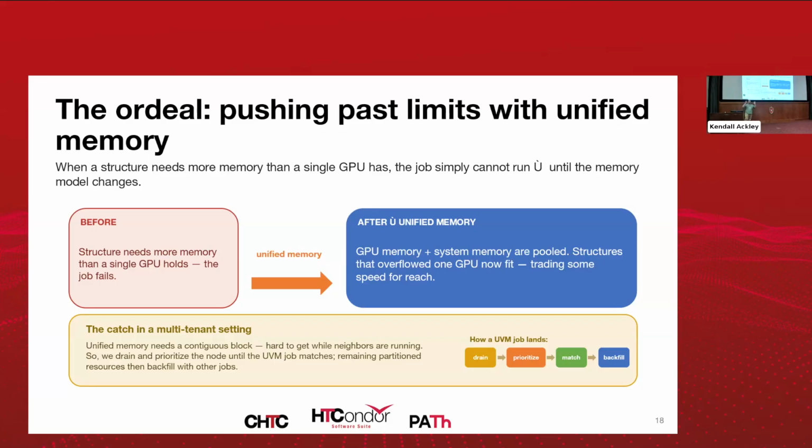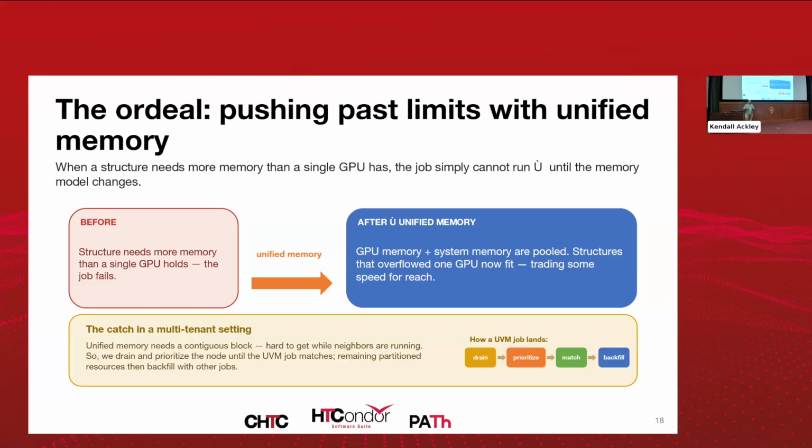So we would stop sending jobs to that GPU node. We would reprioritize that machine for that user, allow the user to match, the job would start up, and then any other jobs in the pool could backfill on the machine once that memory was already reallocated.